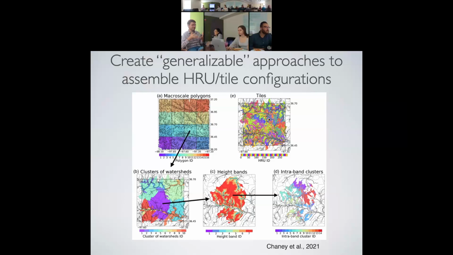Yep, I have a question. For different subcomponents, you have different clusters. Well, when you say subcomponents, what do you mean? Say for the water cycle, for the water flow, you can separate them into different catchments. But for vegetation, you need to cluster them according to the vegetation types, right?